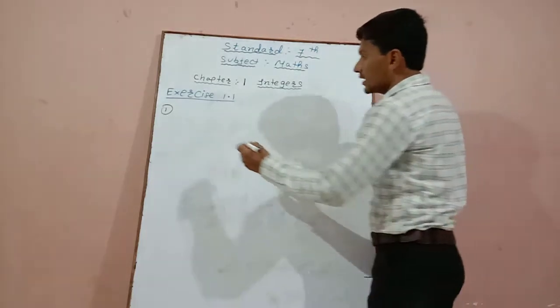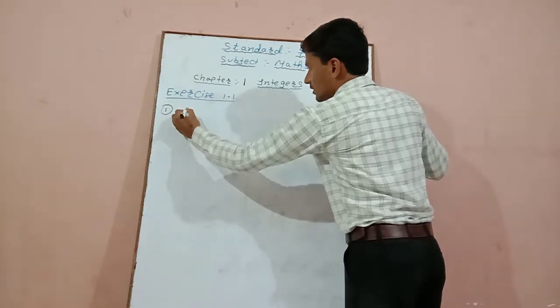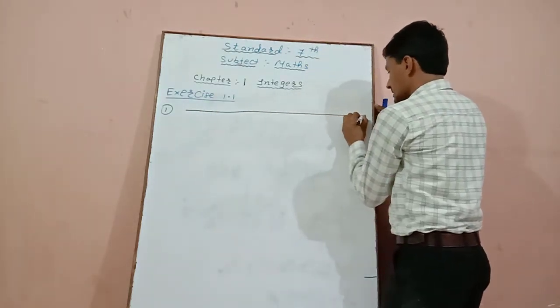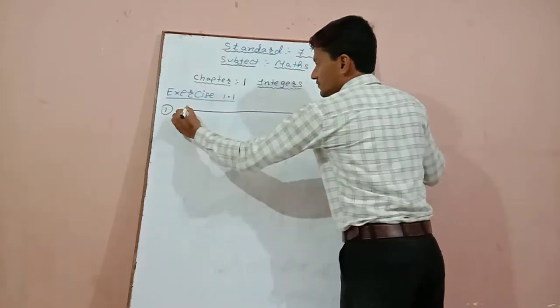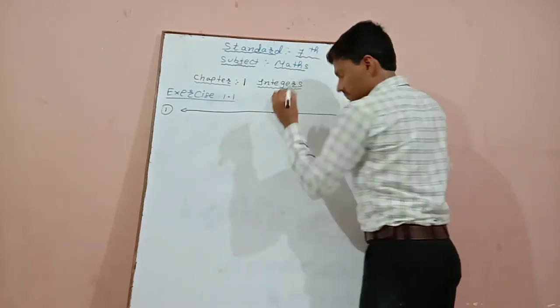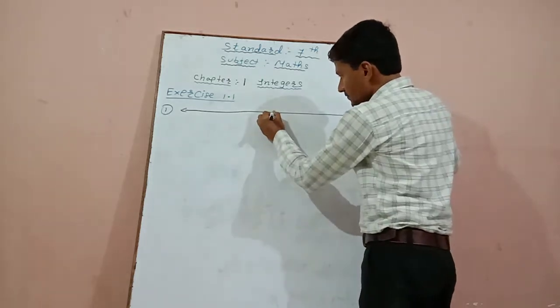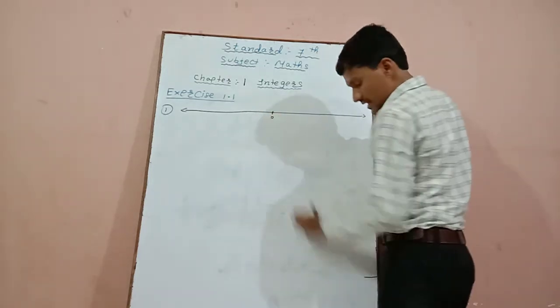We are drawing a number line for our knowledge. We can easily give the answer if we draw a number line. Here we will write 0.